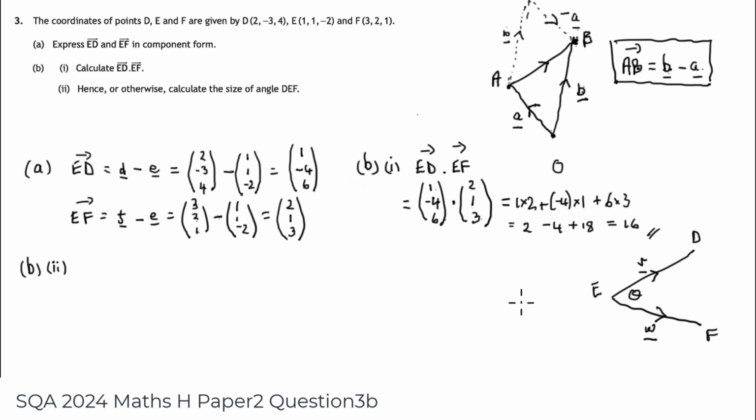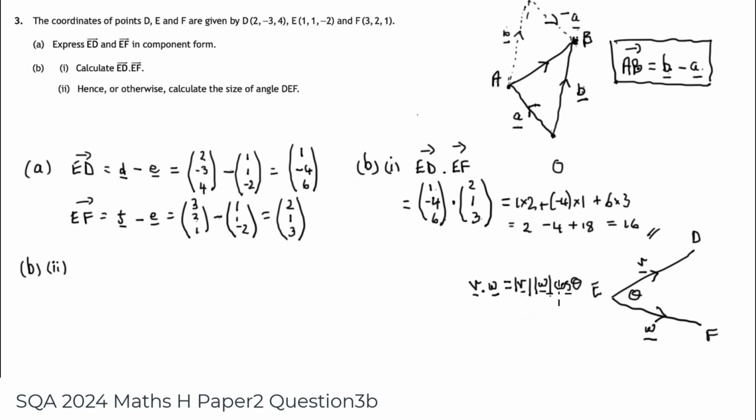Now, the result we're going to use here is the fact that the dot product has an alternative definition from the one we used, where if you know the components, you multiply the corresponding components and add, like we did there. There's an alternative definition which says you can work out the dot product by finding the length of V, multiplying it by the length of W, and then multiplying that result by the cosine of the angle between the two vectors.